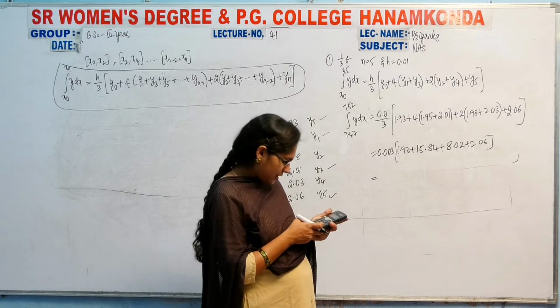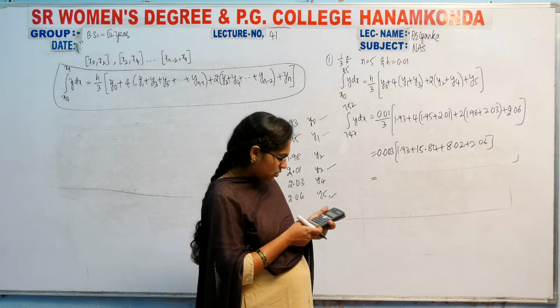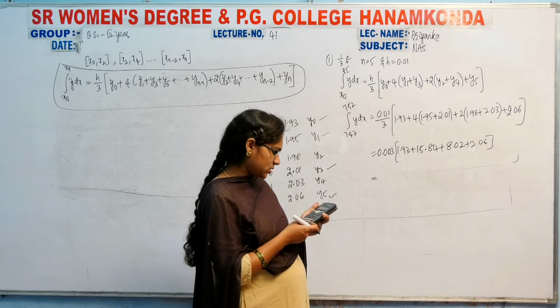1.93 plus 15.84 plus 8.02 plus 2.06, into 0.003.